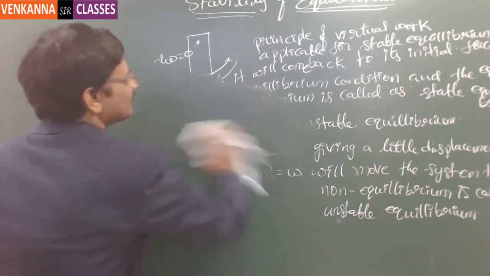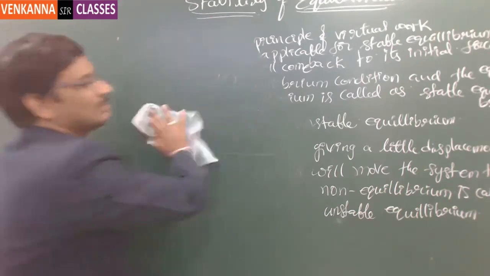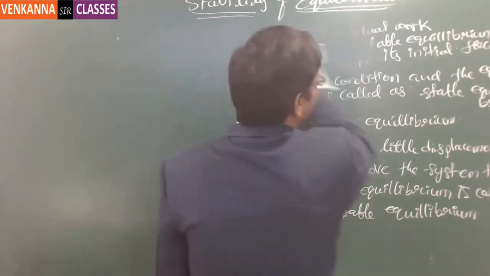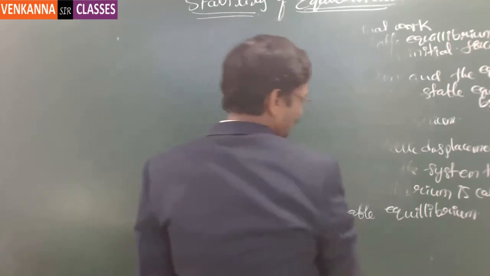So we have discussed what is stable equilibrium and what is unstable equilibrium. But there is a third case, neutral equilibrium.